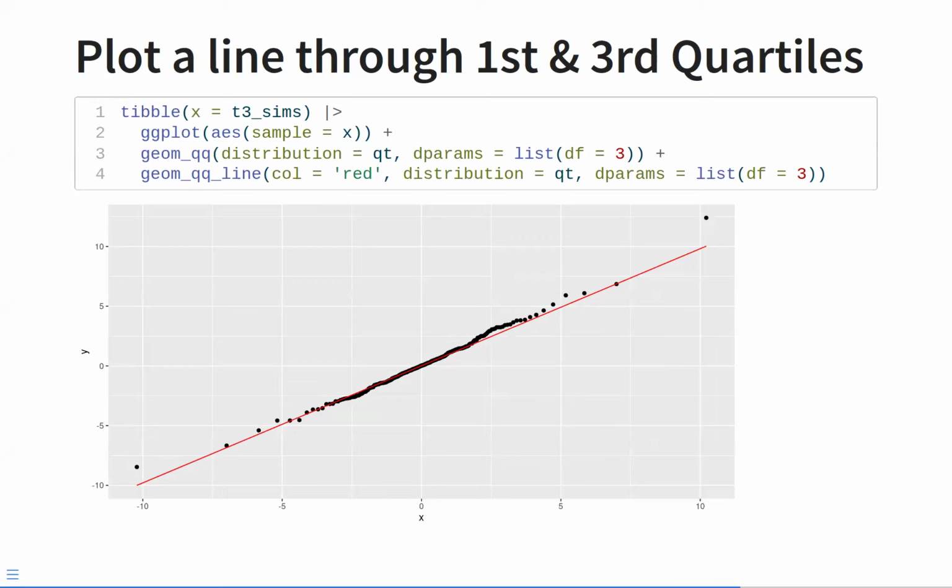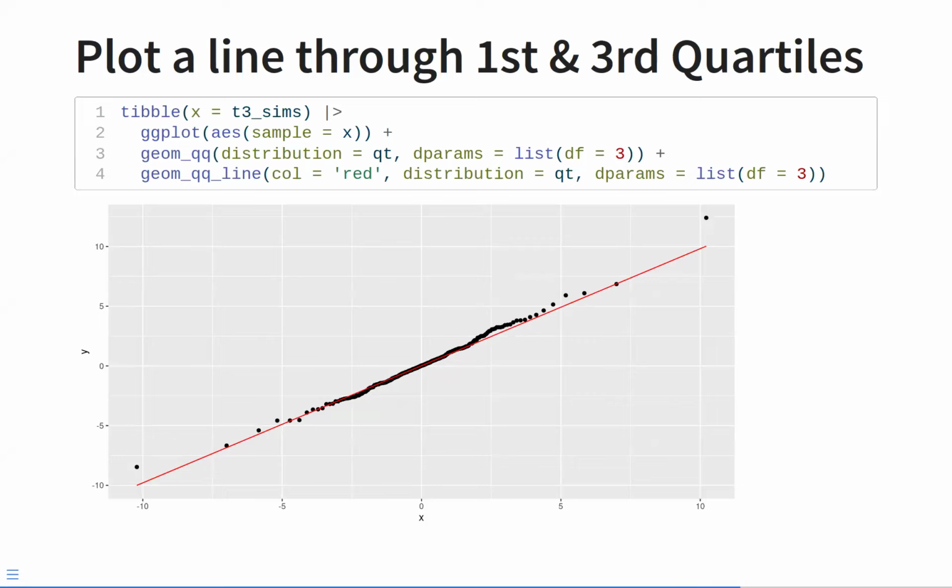To make it a little bit easier to see this, I can add one more line of code here. So you'll see that everything in lines 1, 2, and 3 of this code block is the same as in the previous slide, but I've added something new on line 4. Namely, I've added geom_qq_line. This creates a quantile line that tries to go through these points. The way that you specify it is pretty similar to the way that you specify geom_qq.